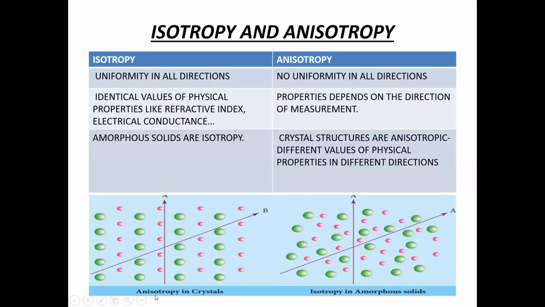In anisotropy, if we pass the light in this direction we get one value, and passing the light through this direction we get another value. So the value is different here. The example for isotropy is amorphous solids. The example for anisotropy is crystals.